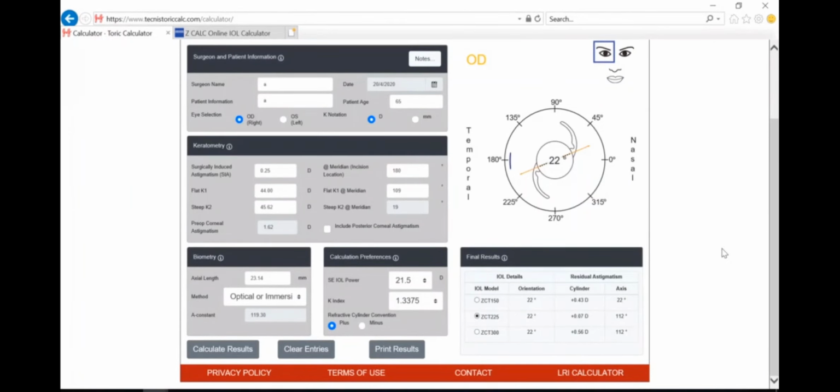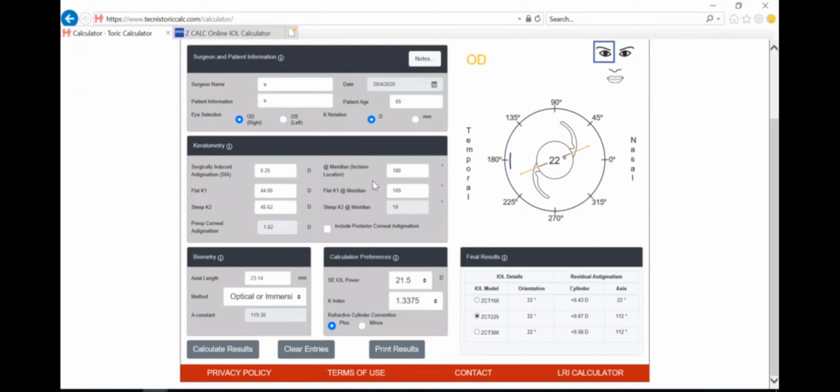So some surgeons want to leave a little bit of with-the-rule astigmatism, so that as the patient ages and it drifts towards against the rule, the astigmatism neutralizes itself. So some surgeons would take that into consideration as well. So sometimes you hear doctors saying, I prefer to leave a little bit of with-the-rule astigmatism in there, right? So that is one of the reasons why they would choose to do that.